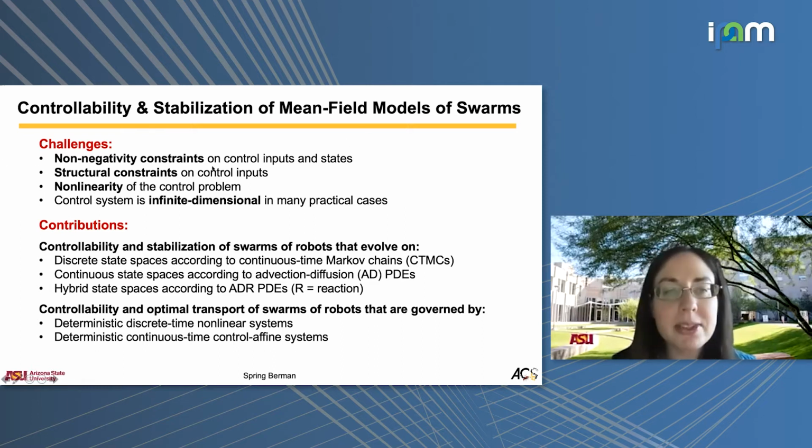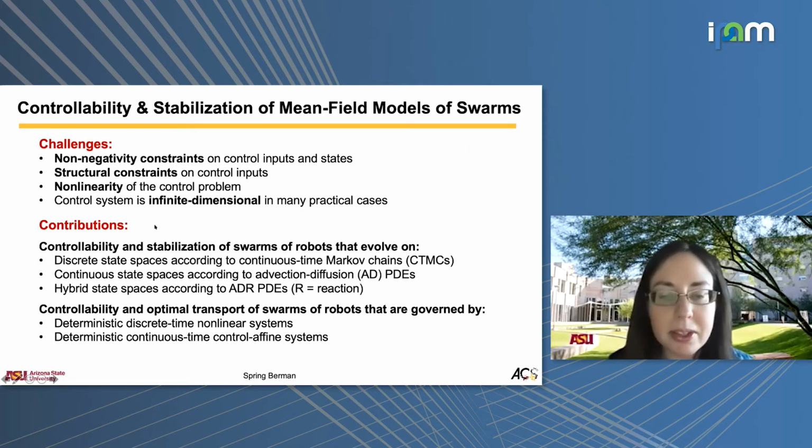Some of these are that the control inputs and states have to be non-negative. You can't have negative numbers of robots. There are structural constraints on the control inputs depending on what kind of feedback the robots can get, whether it's local or not. The control problem is nonlinear, and the control system is often infinite dimensional.